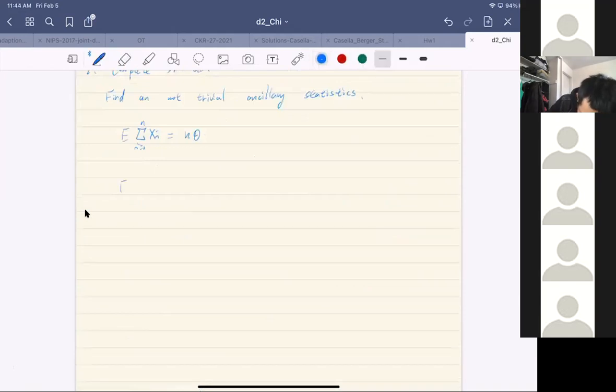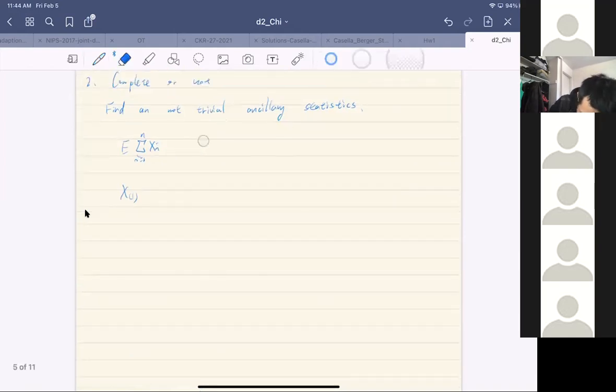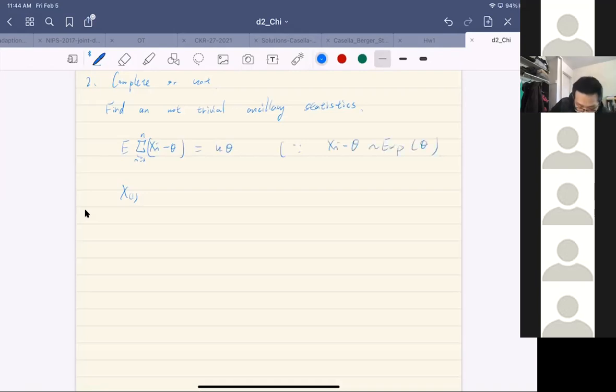And also S1, oh sorry, this minus theta, because Si minus theta is exponential theta.